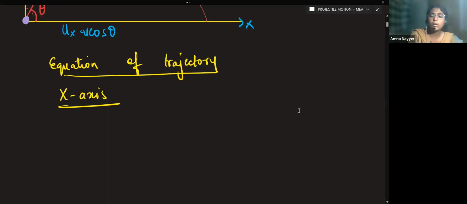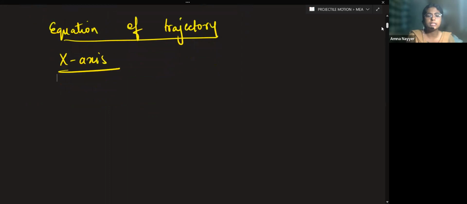So here also we'll write the acceleration and the velocities. So ax we require, x we require, what else? Ux we require, and time we have. These are all the quantities that are needed. Now see here also, specific acceleration is not mentioned. We have acceleration along the y-axis, that is acceleration due to gravity. There is no acceleration along the x-axis.